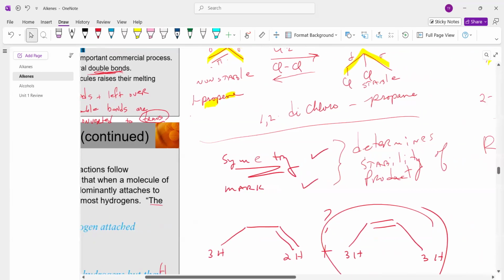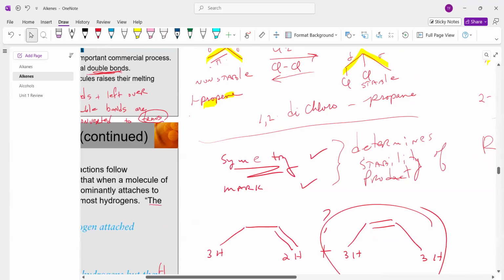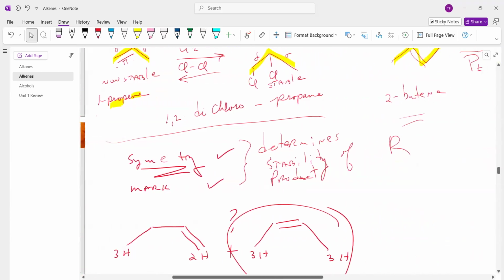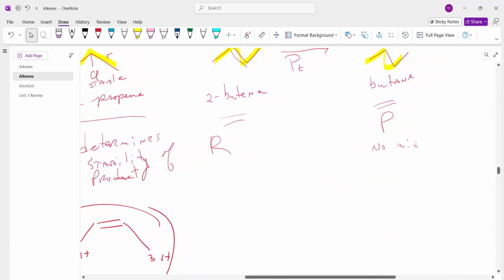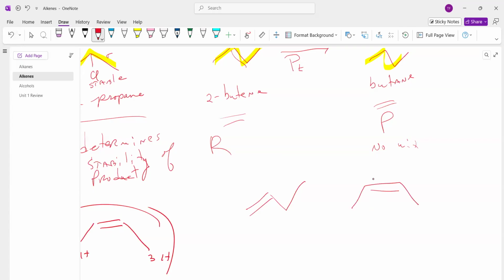Okay, so symmetry is just you eyeball it. Which looks more symmetrical? Left or right?